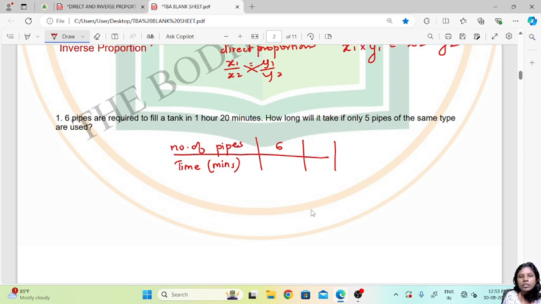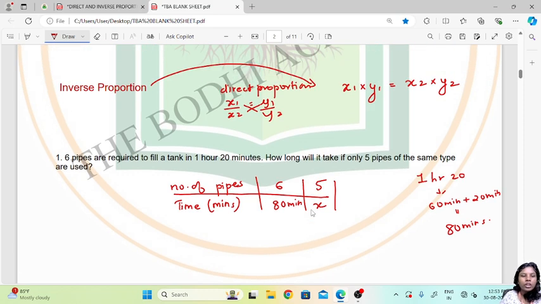We can convert this: 1 hour has 60 minutes plus an additional 20 minutes, so that will be equal to 80 minutes. So using 6 pipes, a tank can be filled in 80 minutes. If we use 5 pipes, how much time would it take?